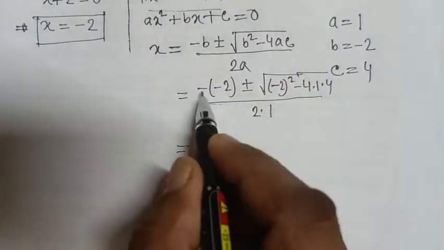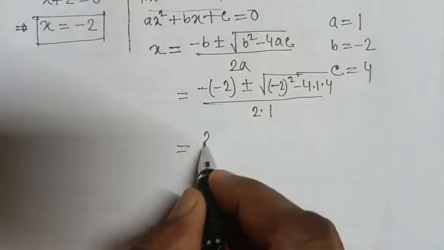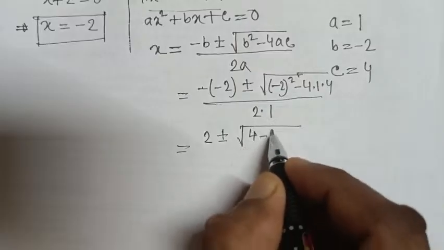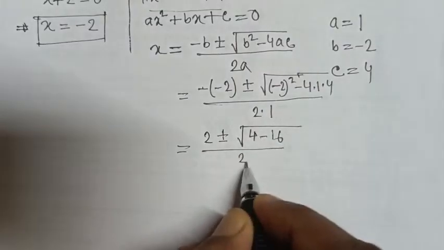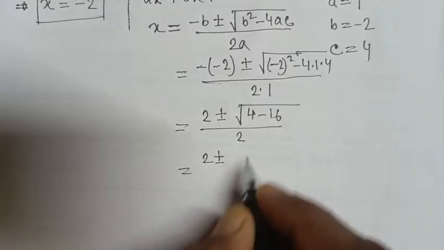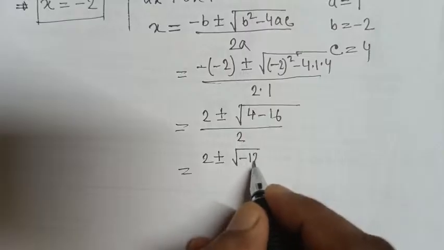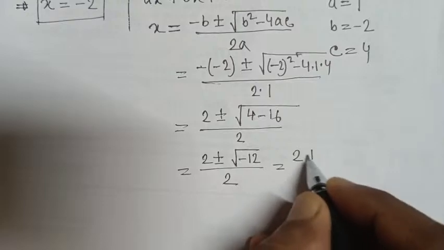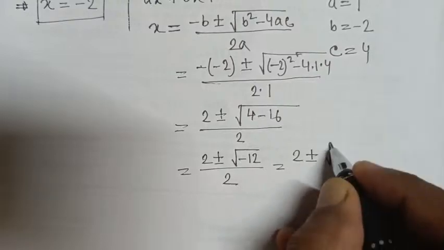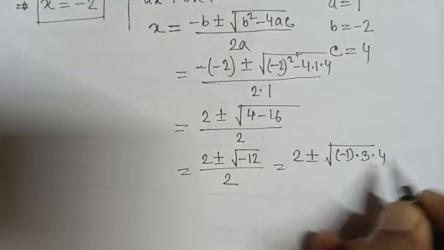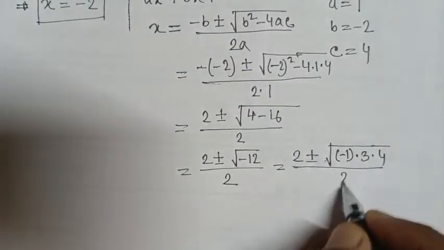So this minus and minus will be plus 2 plus minus root over of 4 minus 16 by 2. So we can express this like 2 plus minus root over minus 12 by 2, equals 2 plus minus, we can expand this, minus 1 into 3 into 4 by 2.